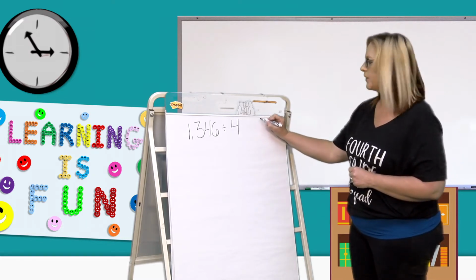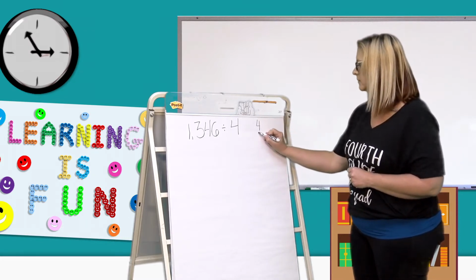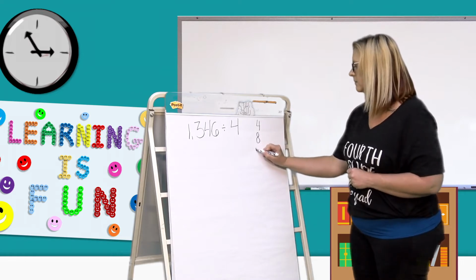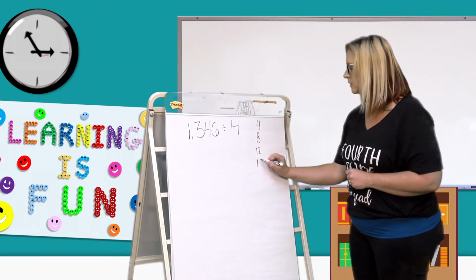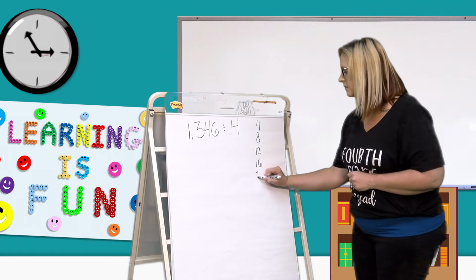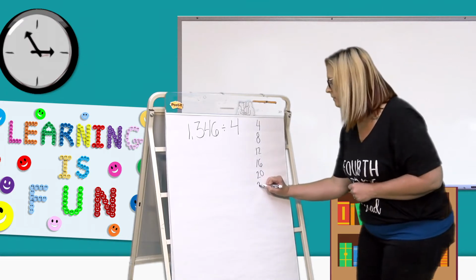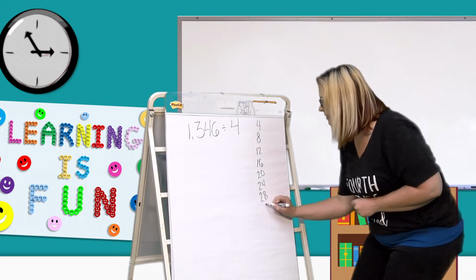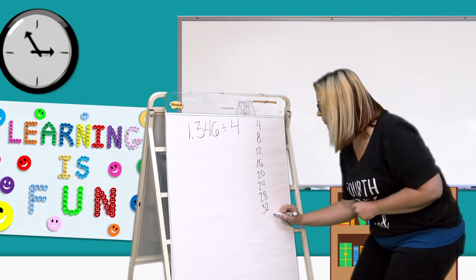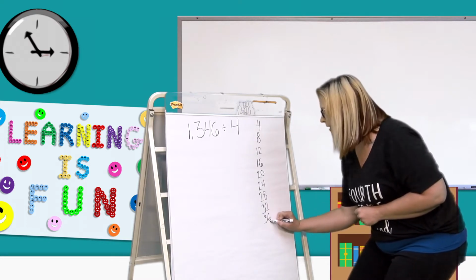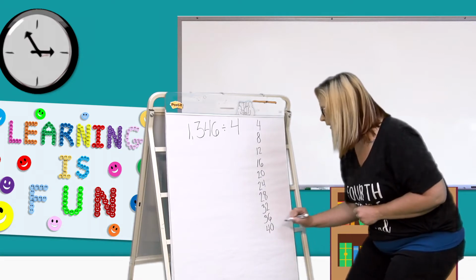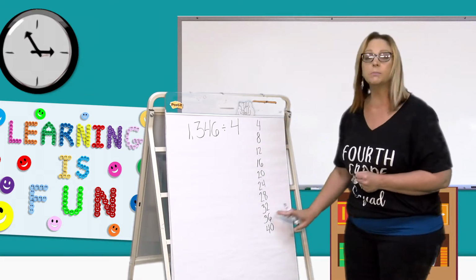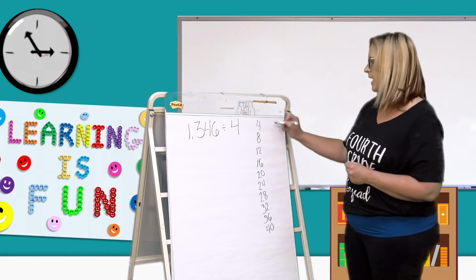Let's say those together. 4, 8, 12, 16, 20, 24, 28, 32, 36, and 40. I wrote the multiples of 4 from 1 through 10.